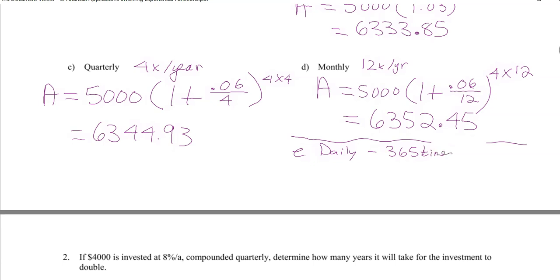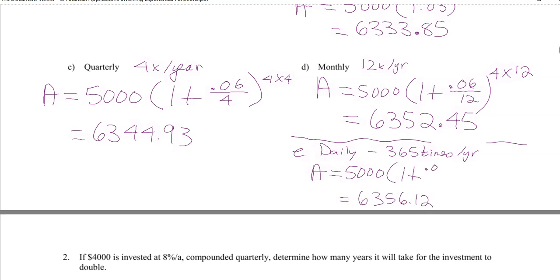All right, see if you can work it out. So write it down, 5,000, etc., etc. I'll pause. Okay, so daily, 1 plus 0.06 divided by 365, to the power of 4 times 365.